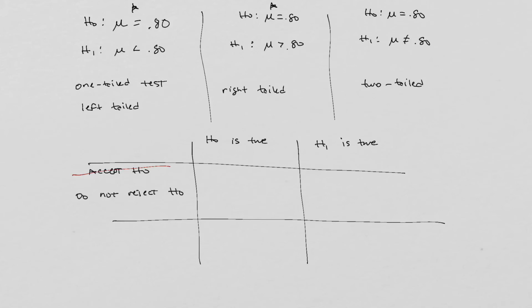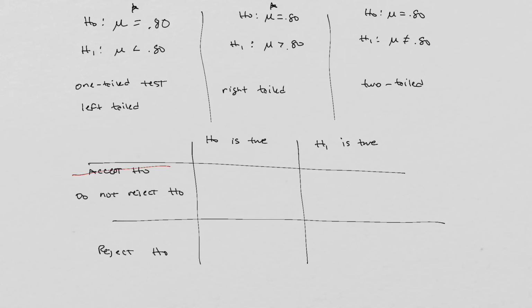I'm just saying, based on this evidence, I can't prove that you are incorrect. So we can either say that we do not reject H naught, or maybe we look at the data and say there's no way your claim is right, in which case we reject H naught. Those are the four things that can happen.